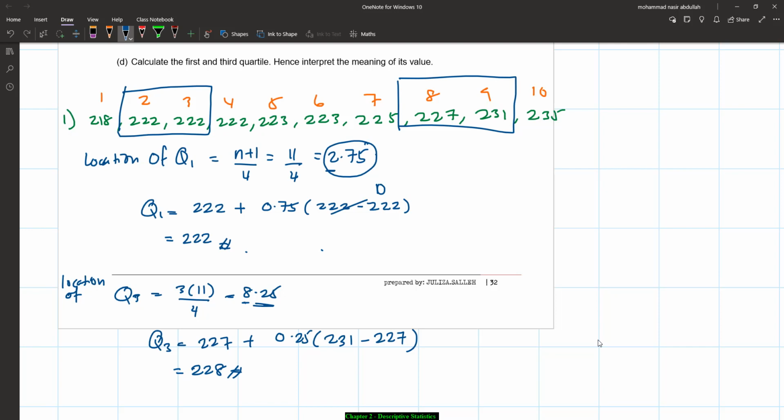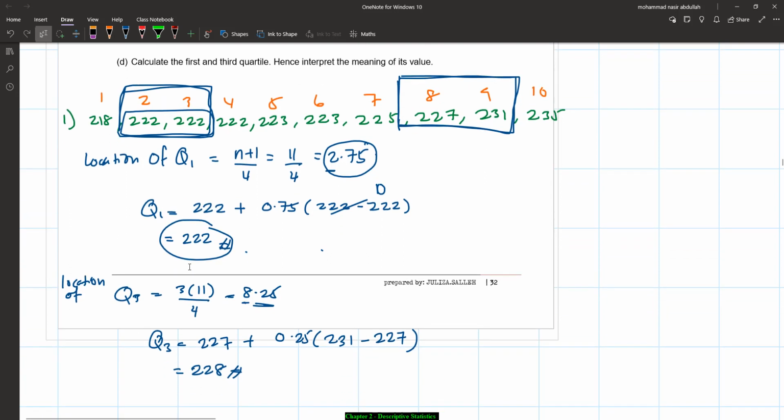And you should notice that the value should be between the range of 222 and then between the range of 227 and 231. It cannot be more, cannot be less. Right? So this is the value of quarter 1 and quarter 3.